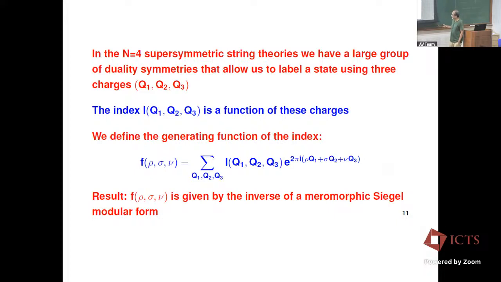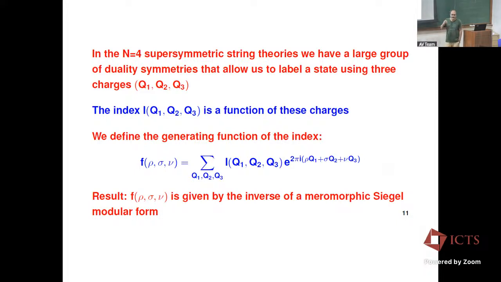And I define this generating function as simply the sum over all charges, with this exponent weighted by I of Q1, Q2, Q3. This is exactly a generalization of the partition function that we have been seeing in many of these lectures. And the result is that this quantity is given by the inverse of a meromorphic Siegel modular form. And I'll explain what it means.